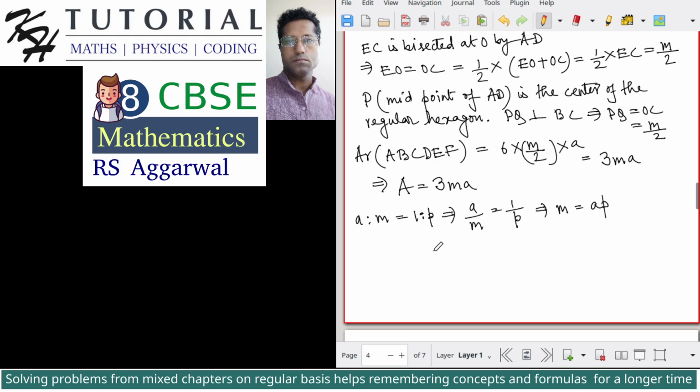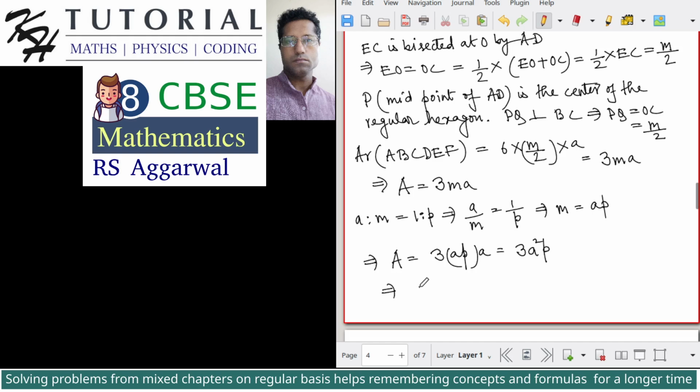Now, using the fact that capital A is equal to 3 ma, we can say that A will be equal to 3 times m, and m is equal to AP. So AP into a, this is 3 a square p.